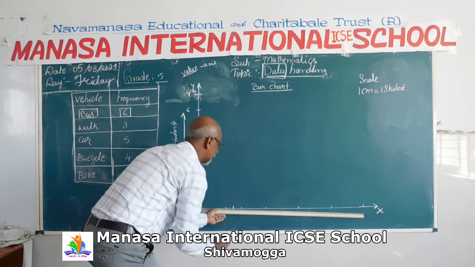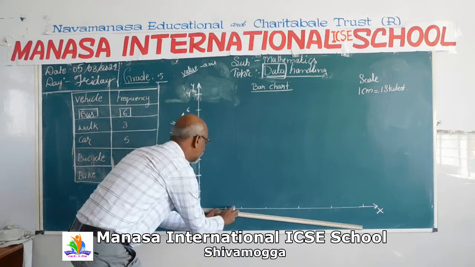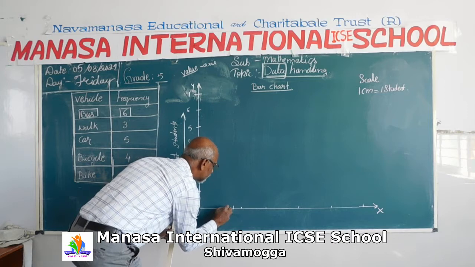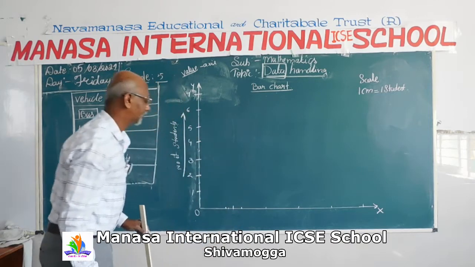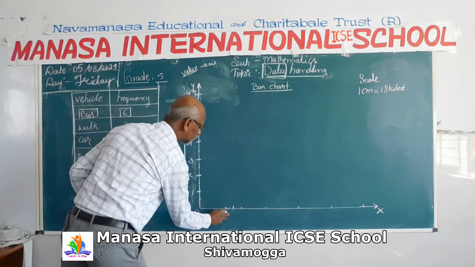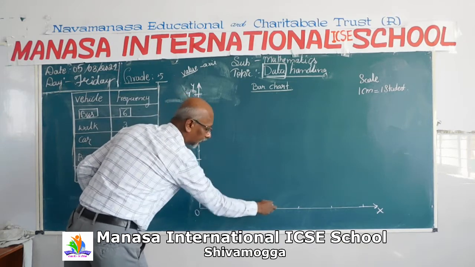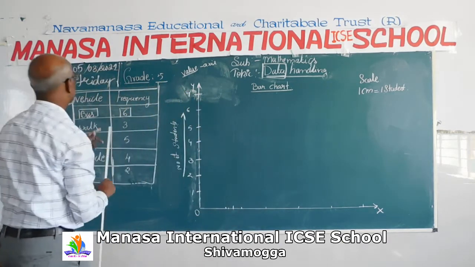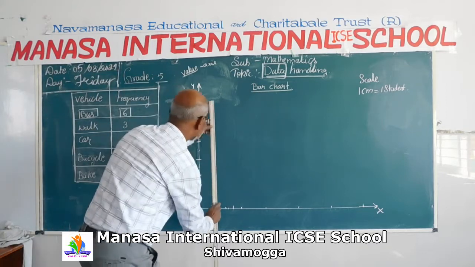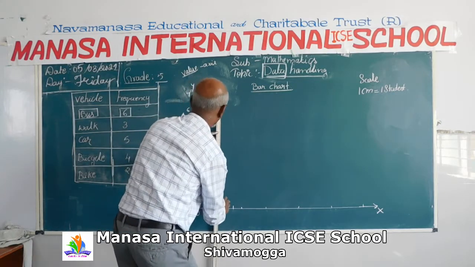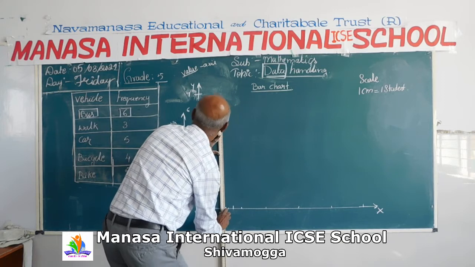So then here I draw a line like this. Then I mark 2 small dots on the line. Then I draw a straight line. It should be perpendicular to this axis. How many centimeters? 6 centimeters. So I am drawing the line like this.